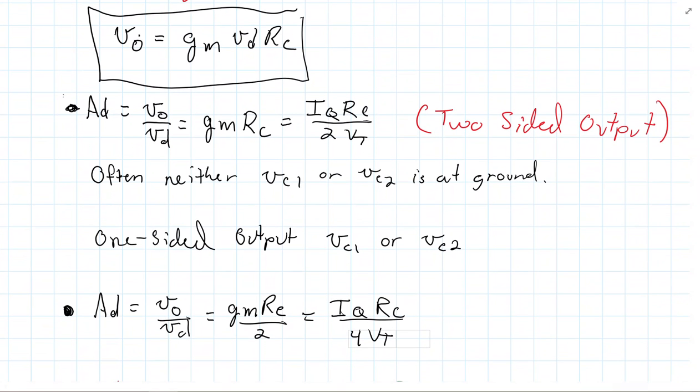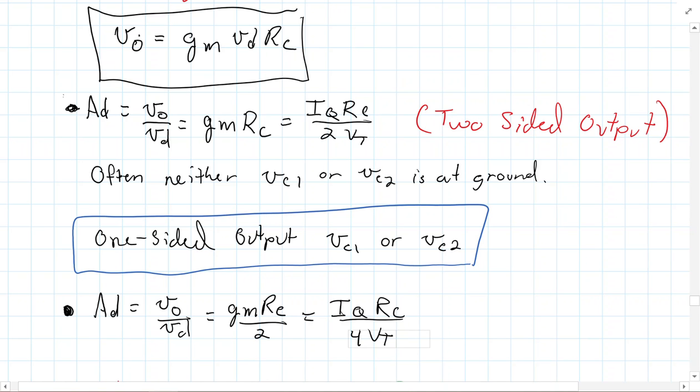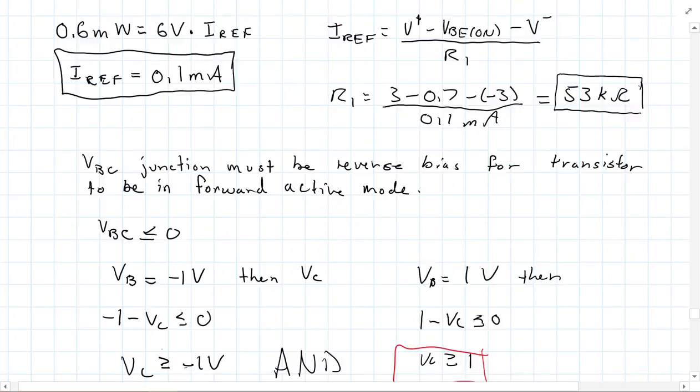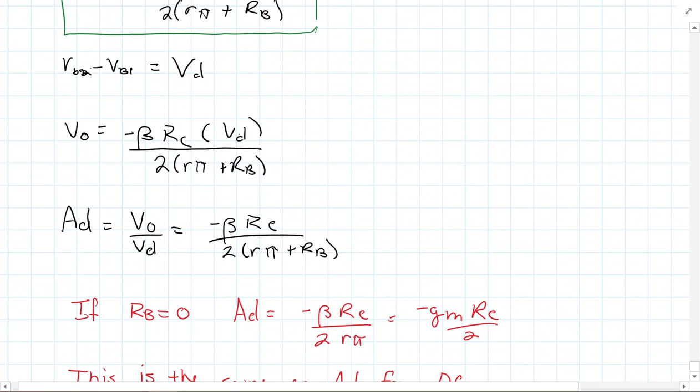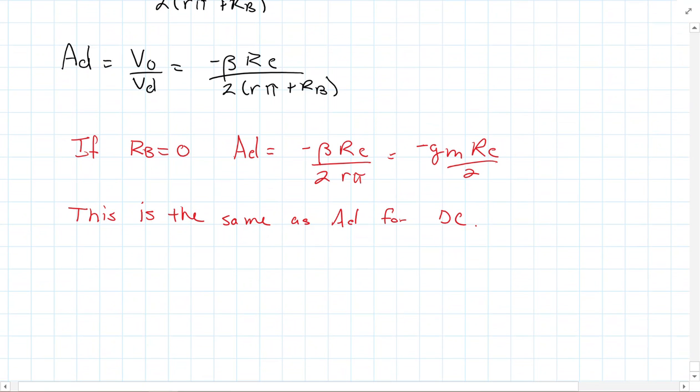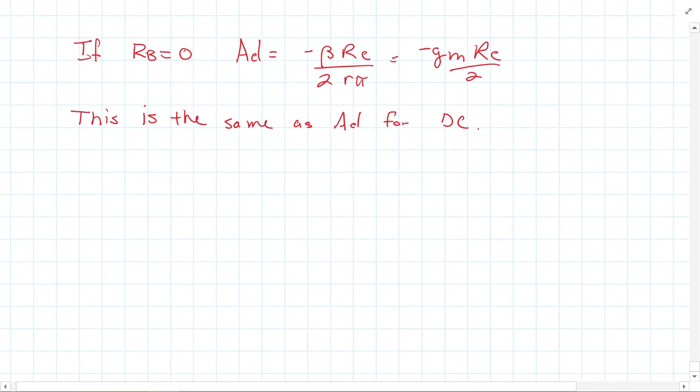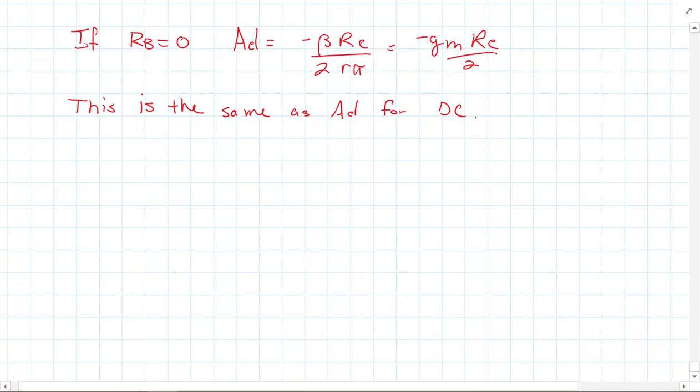Right here. Here we go, one-sided output. Now remember, this was for DC analysis, not for AC. We had, and there should actually be a minus in there, GM RC over 2. And now if we scroll down here for small signal, GM RC over 2. So we get the same thing for both the AC and DC differential gain, which is kind of interesting.